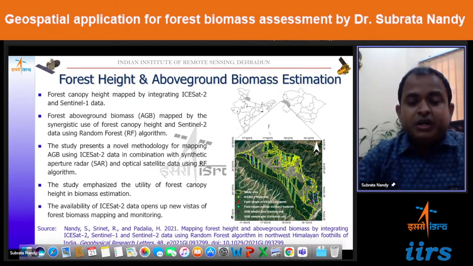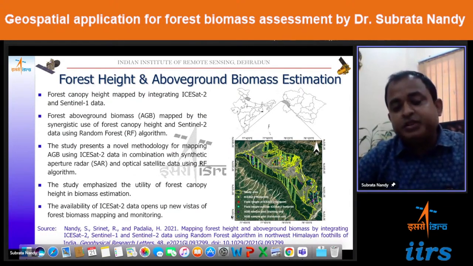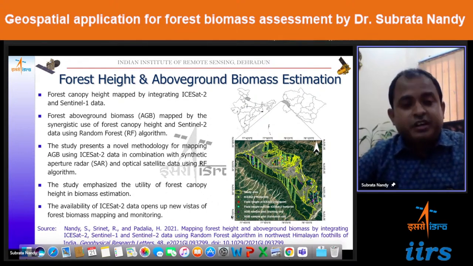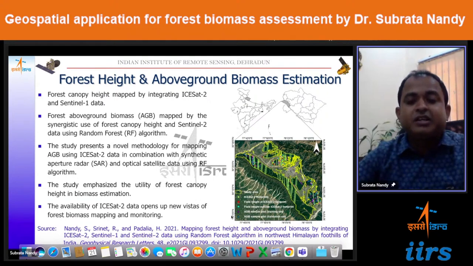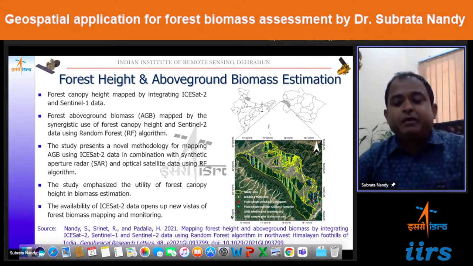Recently we have done a study. This is the first study using ICESat-2 data in Indian forest, wherein we integrated ICESat-2 data with other data sets to map the forest height as well as biomass.